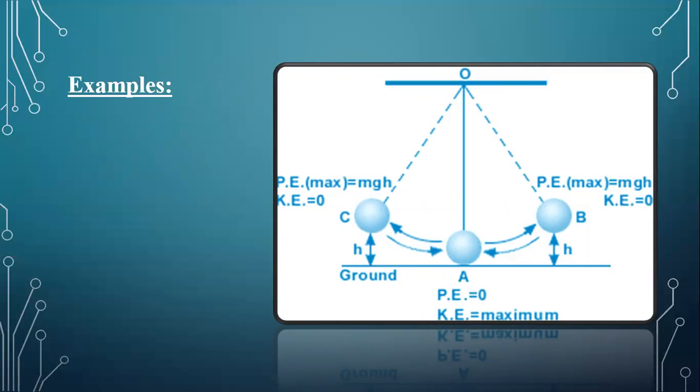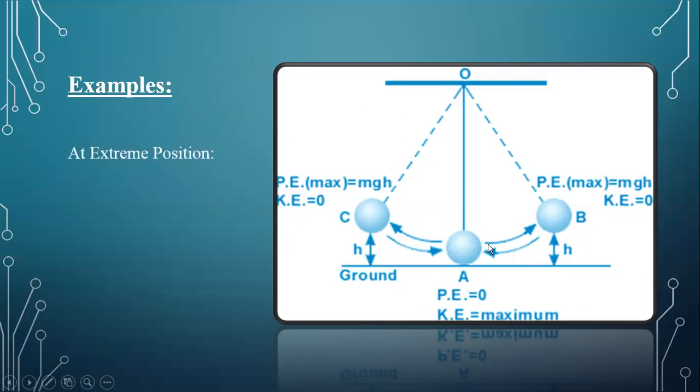As you can see in this diagram, point B as well as point C are the extreme positions, whereas point A is its mean position. At extreme position, there is maximum potential energy but zero kinetic energy. At mean position, potential energy becomes zero and kinetic energy becomes maximum, equal to mgh.